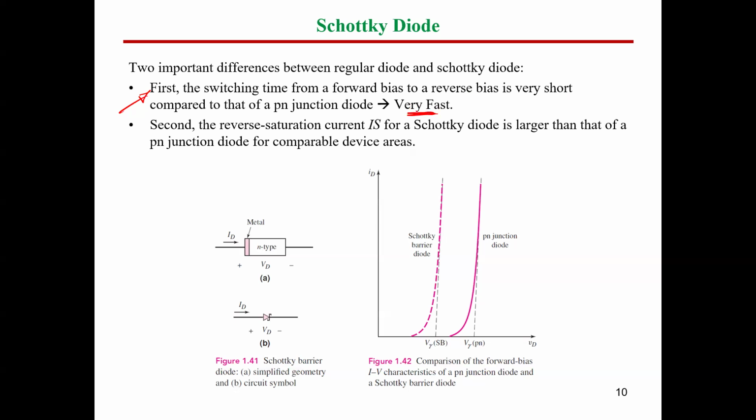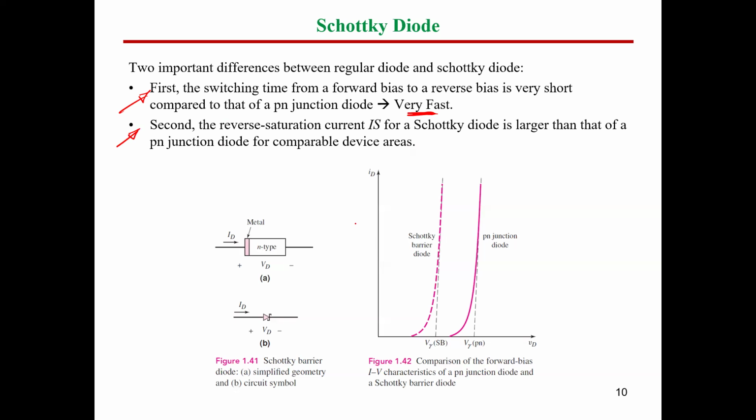The second difference is that the reverse saturation current of the Schottky diode is larger than that of a PN junction diode for comparable device area. So it has a larger reverse current compared to a general purpose diode. So this is the second difference.